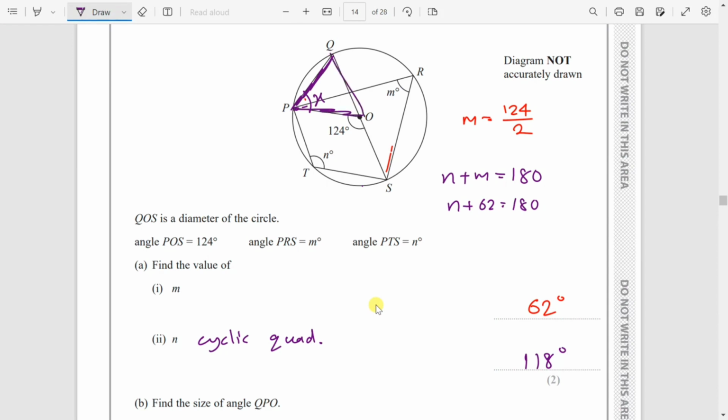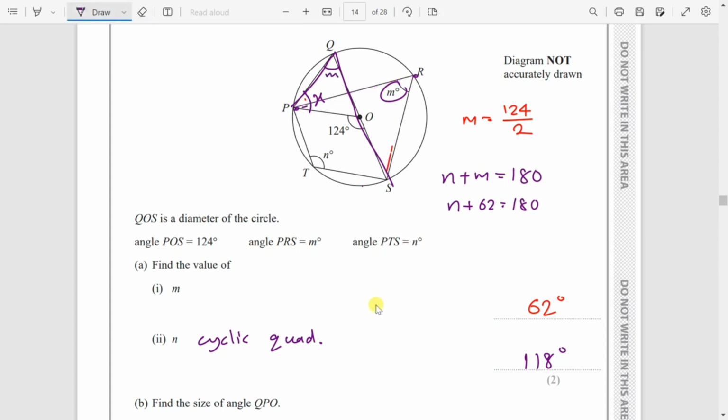Okay, so let's see what we do know. There's another property here. You see this kind of shape now? We've got a triangle shape here. So we've got a shape like this, and also a shape like that. The general rule for this kind of shape is that when these two meet at the circumference, both M and this angle are the same. So this is also M. That's another trick we can learn.